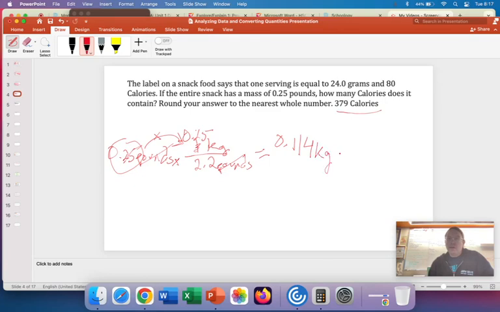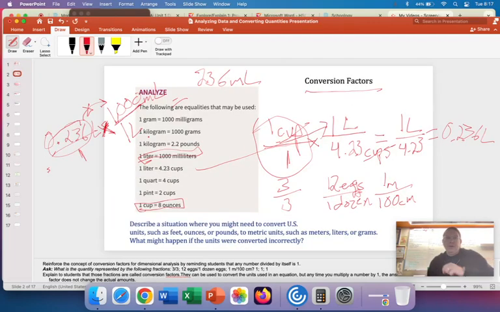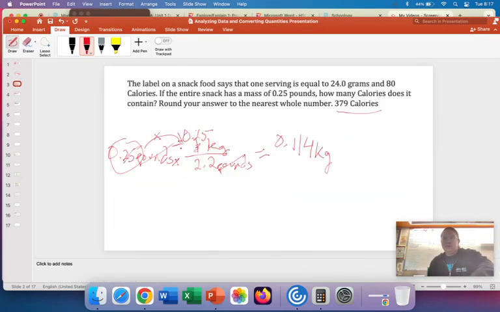Now I can get from kilograms to grams if I know that 1 kilogram is 1,000 grams. I want kilograms to cancel, so now kilograms goes in the denominator. Those units cancel, and I will multiply this value by 1,000, so I get 114 grams.